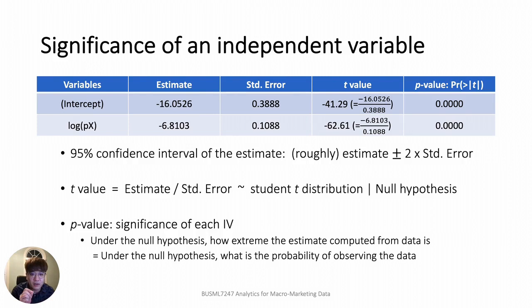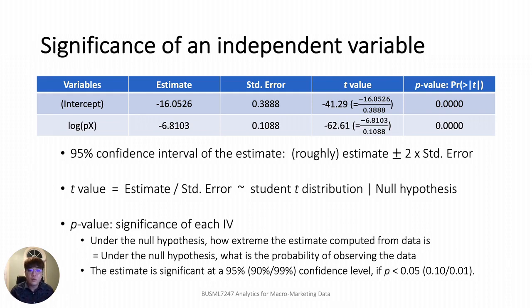Here, the p-value is almost zero. So, if we assume that the true value is zero, the probability of observing the data is almost zero. But we already observed the data, so we can conclude that assuming zero for the true value is wrong for the data. That is, we reject the null hypothesis.